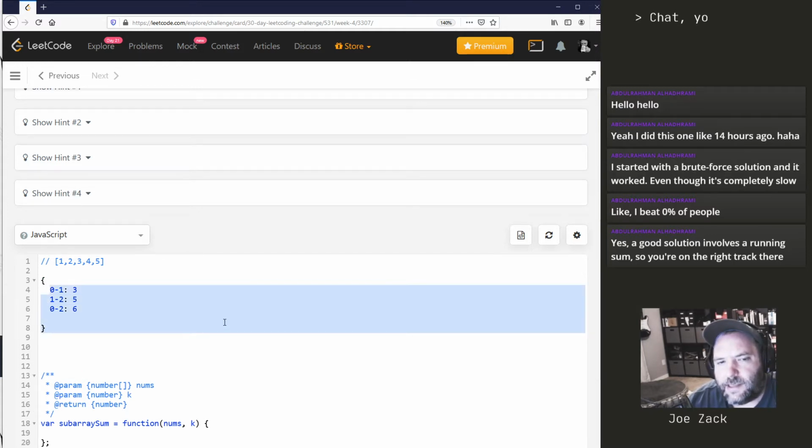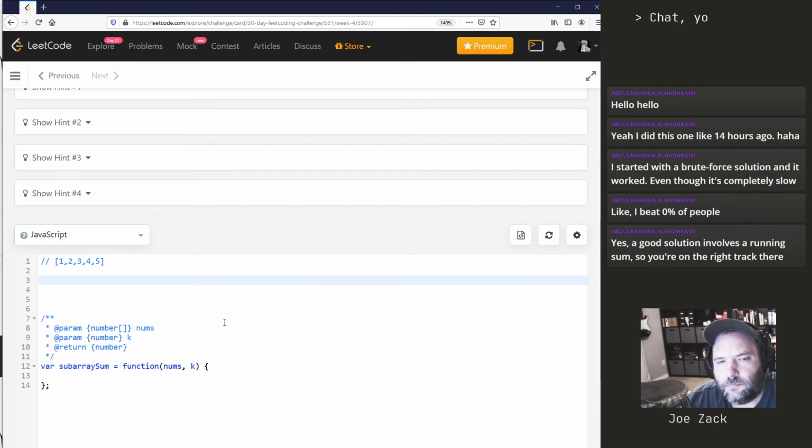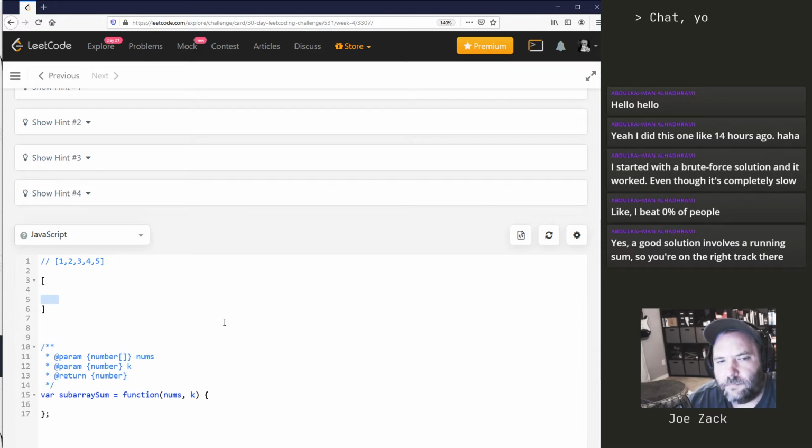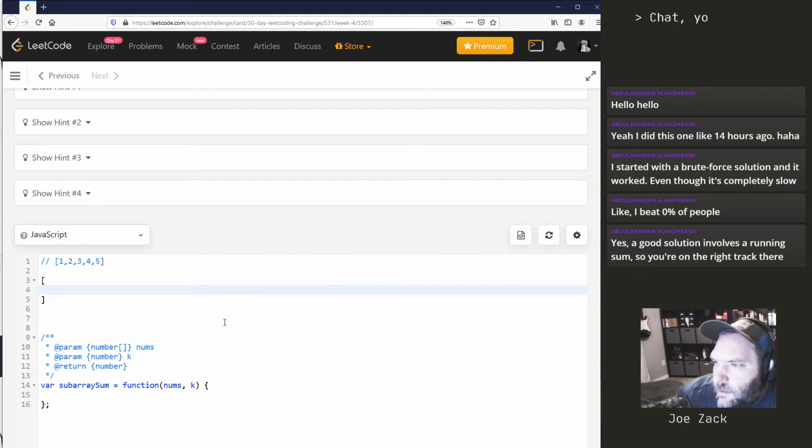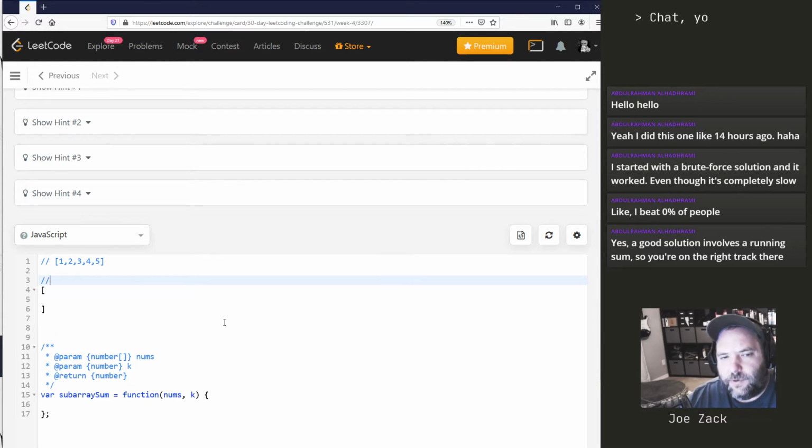I'm gonna write this out a little bit differently though. So, what if I had an array, and this array keeps track of all the math that I've done so far. So if my target is 3, let's do a bigger one. Let's just say 5, sure.